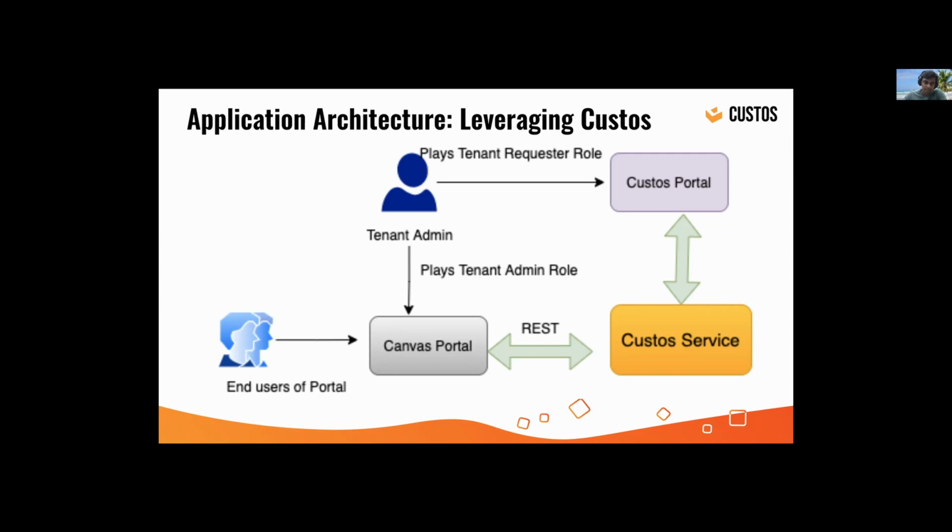you can see that the canvas portal, the sample portal, needs to be integrated with Custos services. In order to do that, you need to have an application configured with these Custos services. The Custos services are exposed through a front-end application called the Custos portal. This front-end application is used to request an application and do the configurations relevant to your application, so that it can be integrated with it.